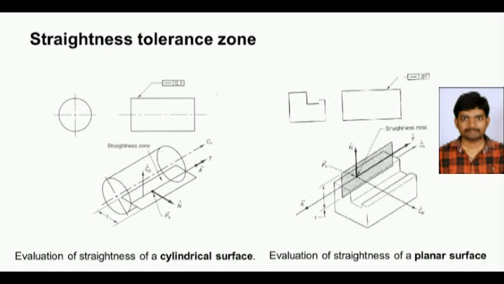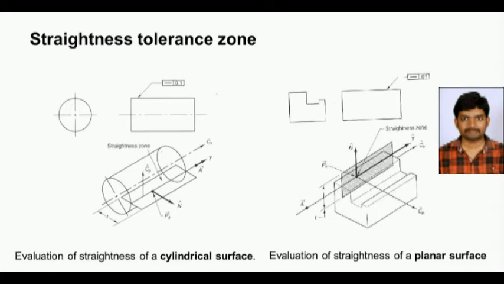So that means this gap is 0.1 millimeter. Like this, we have to consider many generators. So we have to make measurements on many generators, and if in all the generators the error is within 0.1, then the cylinder is said to be straight.